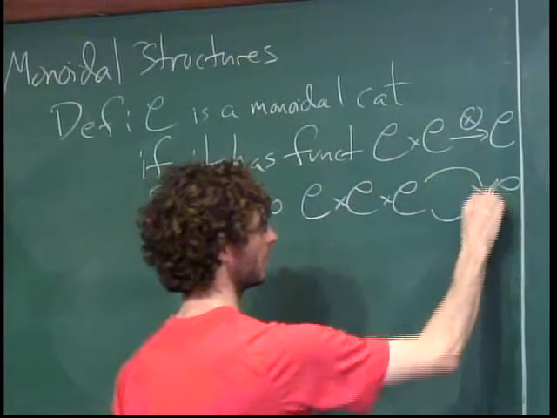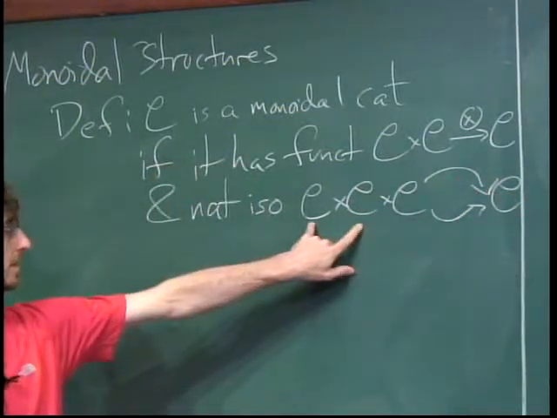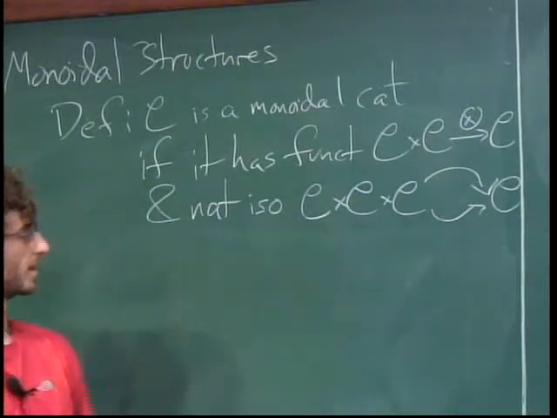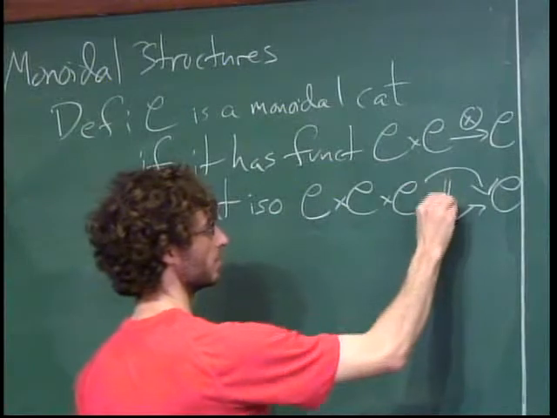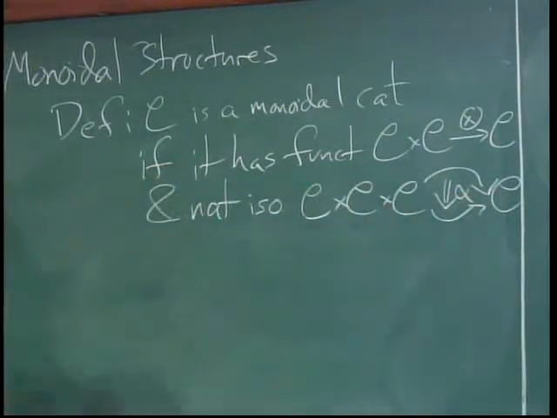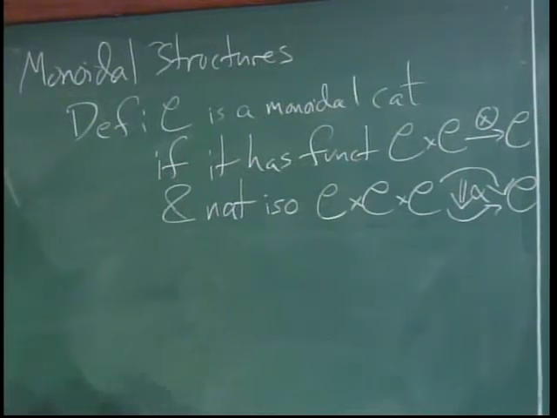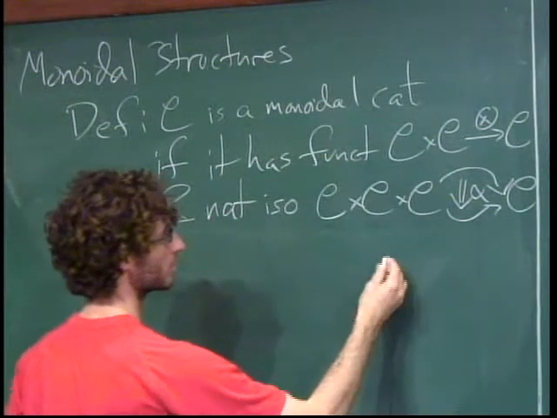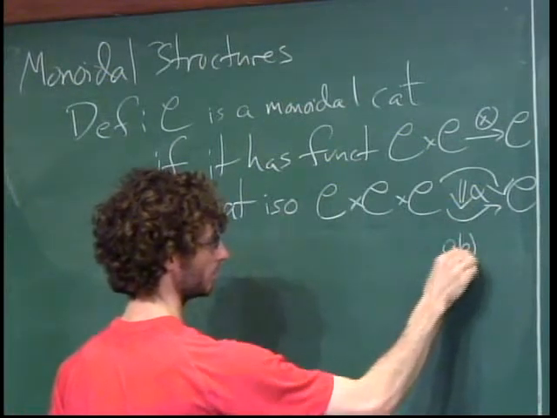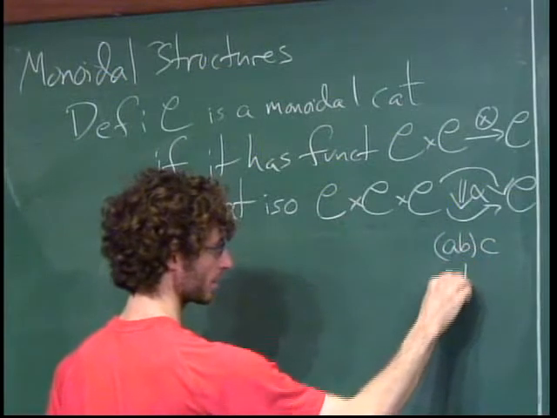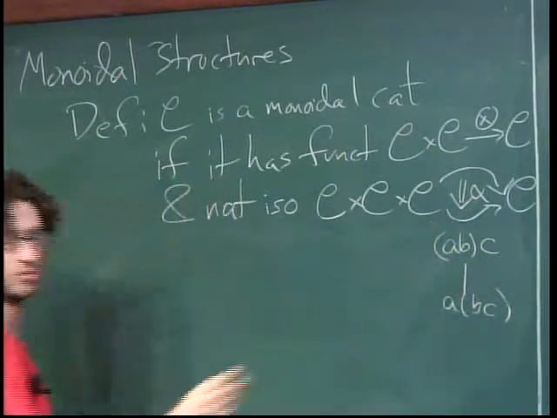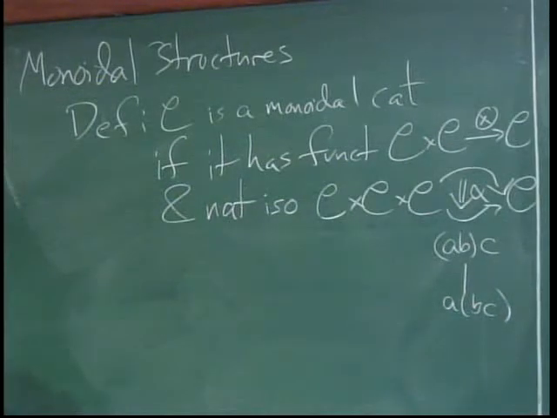So if I have 3 objects, I can multiply these 2 and then the third one, or I can multiply the last ones and then the first one, and there ought to be a natural transformation called the associator between those 2, which I'll denote just by its behavior on objects, as a line between these 2 different ways of multiplying 3 things.